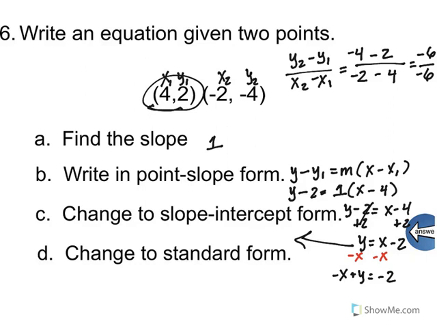A, B, and C cannot be fractions. We're good there. But remember, A cannot be negative. And since we have a negative 1 for A, we need to get rid of that negative. And so we would multiply everything by negative 1. Remember, everything gets multiplied by negative 1, not just the x term.